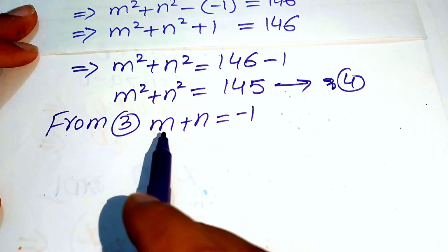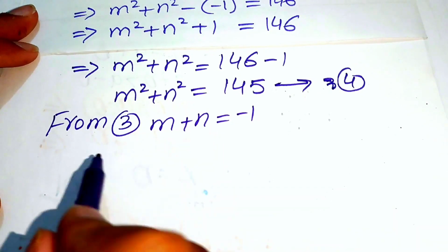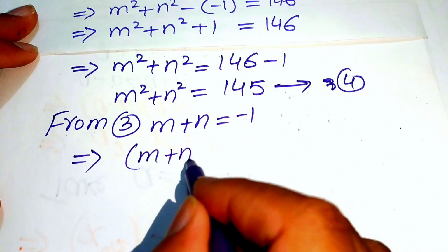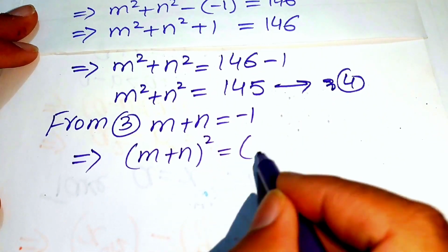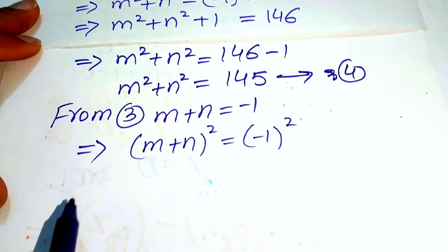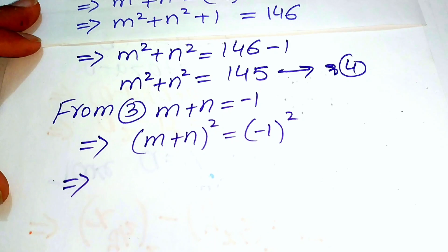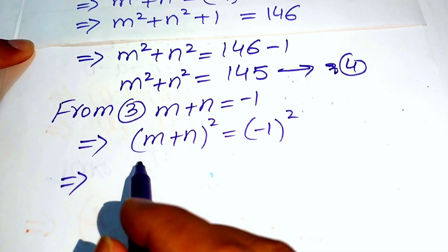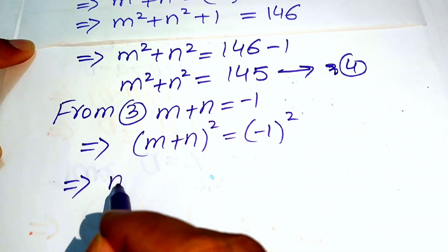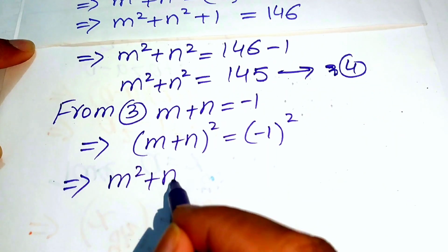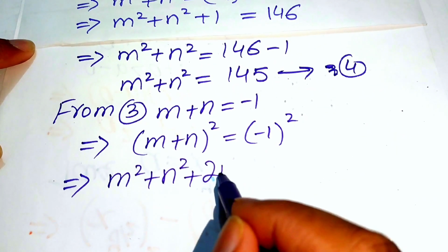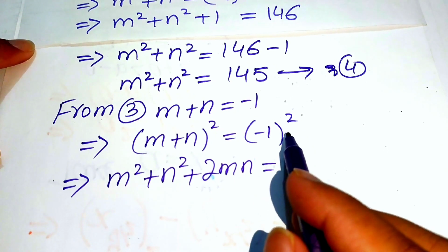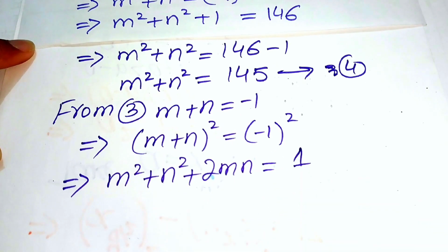Now we take the square on both sides, and we get (m plus n) whole squared equals (minus 1) whole squared. On the left hand side we use the nice square identity, and we know that the square of m plus n equals m squared plus n squared plus 2 times mn, equals minus 1 squared, which becomes plus 1.